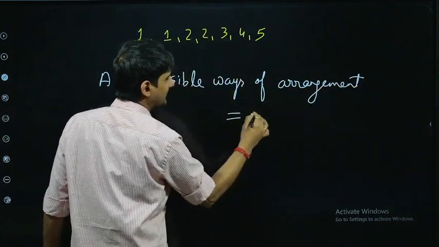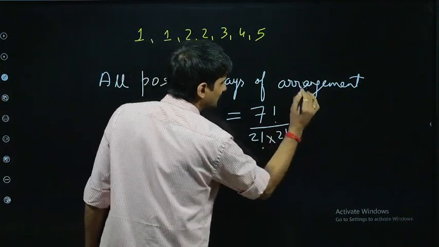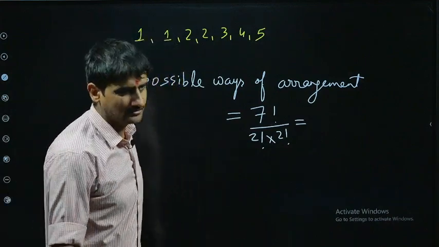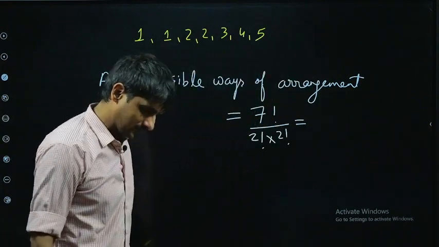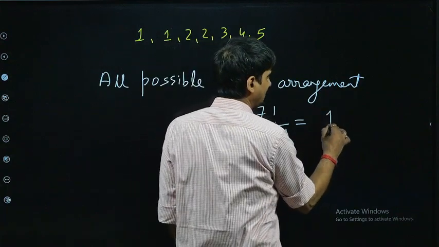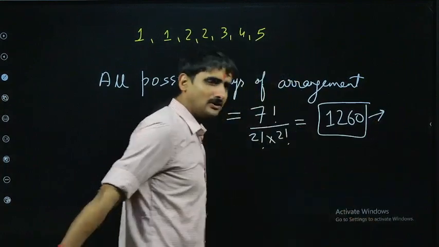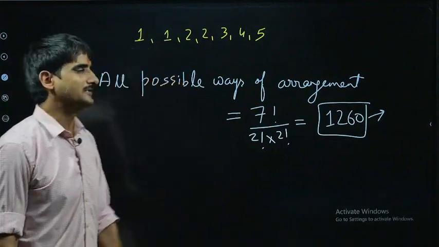It's 7 factorial, 7 objects, out of which 1 and 2 are identical, so 7 factorial by 4. So 7 into 6, 42, into 5, 210, and 4 goes into it 6, so 1260. So that gave us all possible ways of arranging these 7 digits here.